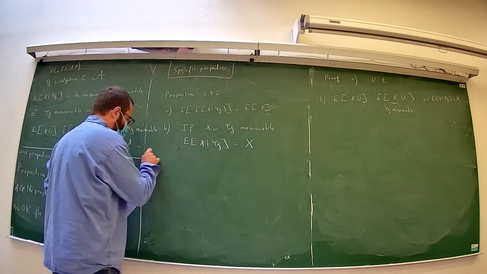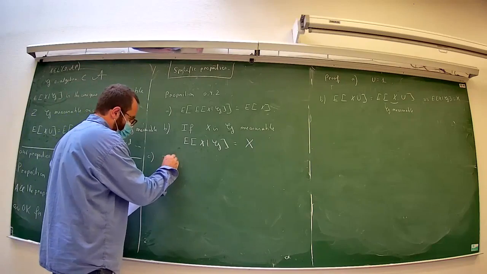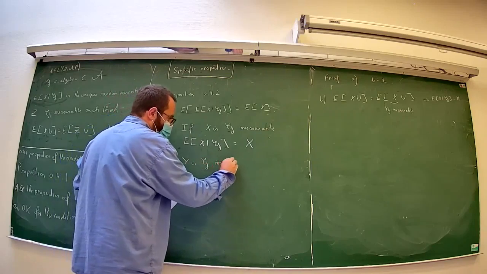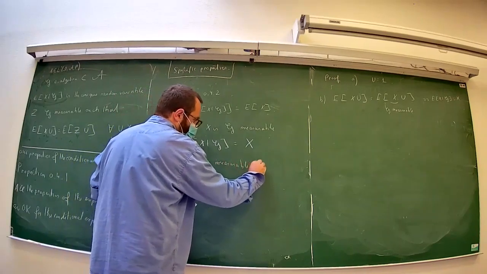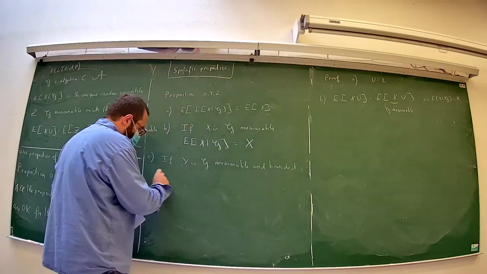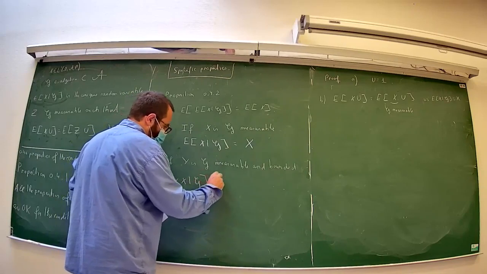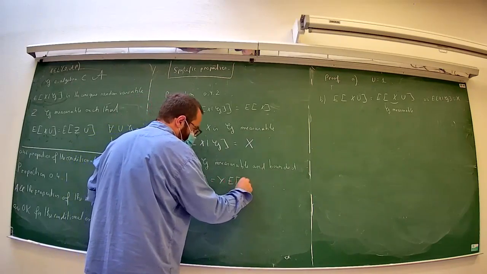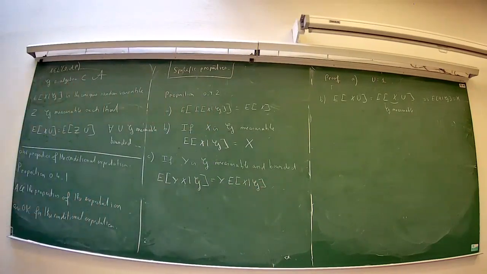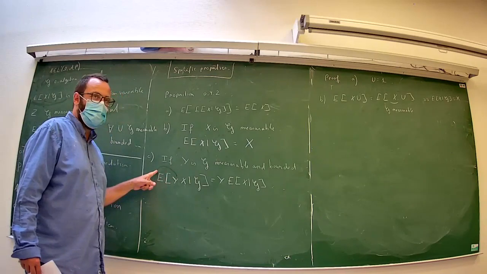A small c. I said that if y is J measurable and bounded, the conditional expectation of y times x given J is equal to y times the conditional expectation of x given J. This property is known as taking out what is known.